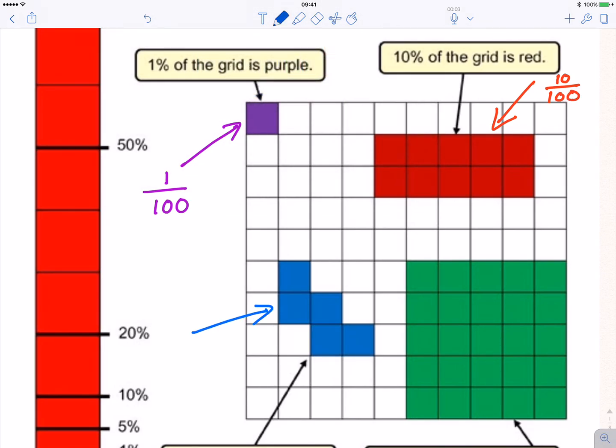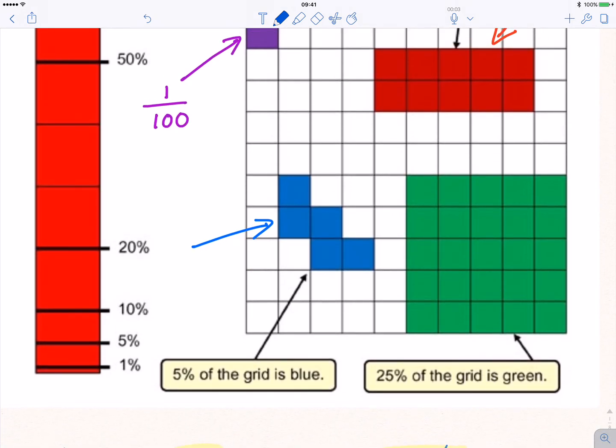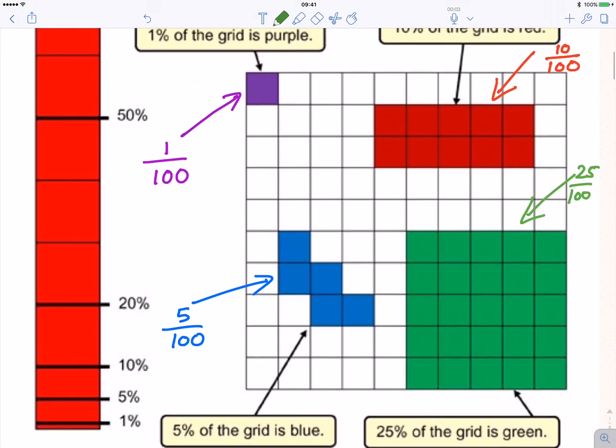This blue shape over here is 5% because it's 5 out of 100. And this green shape over here is 25% because it's 25 squares out of 100. So percentages are out of 100, and they show us a proportion.